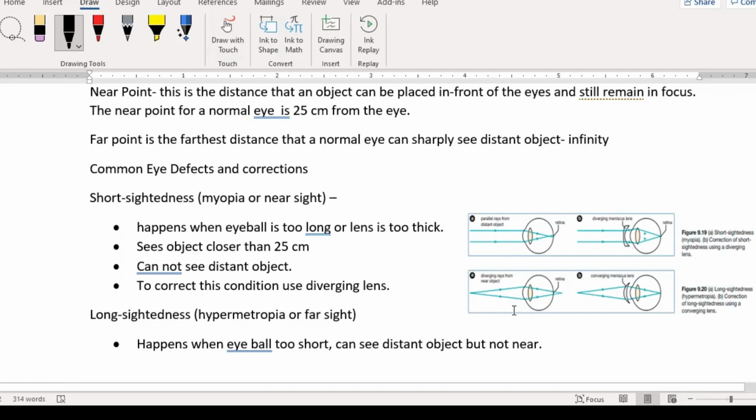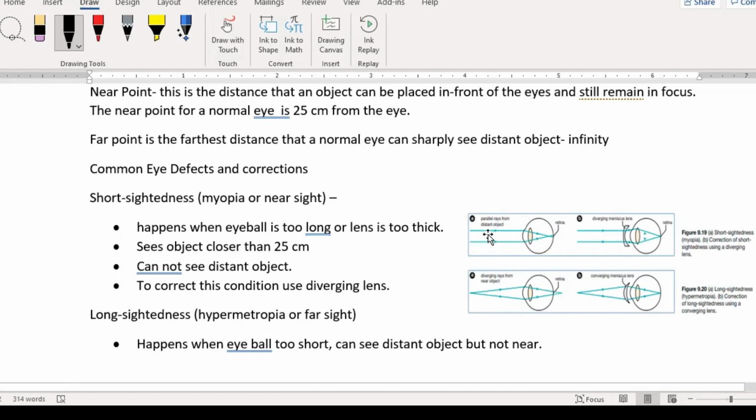To correct this situation, we have to use diverging lenses. So this is what the setup would look like. This is what the person without the lens is seeing. When they're looking at distant objects, because the lens is too thick, the light rays are converging before they hit the retina.